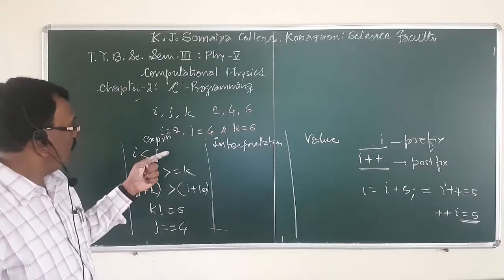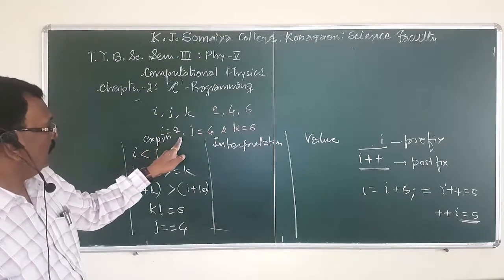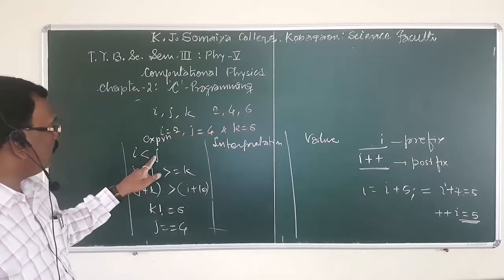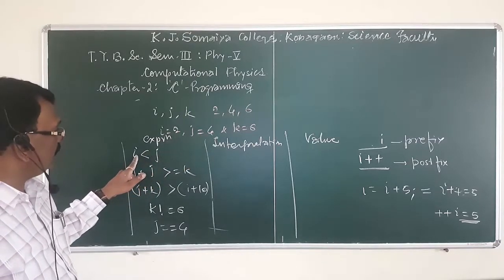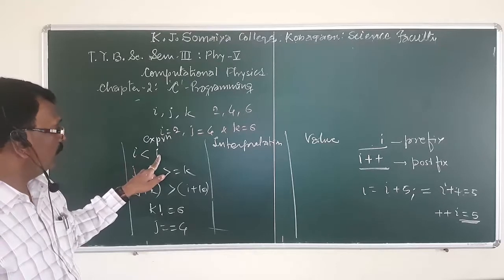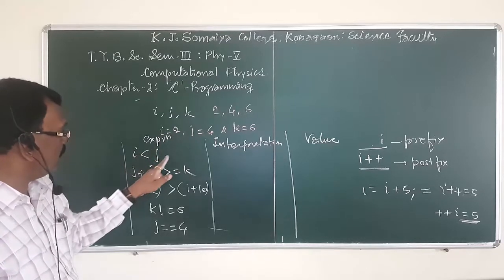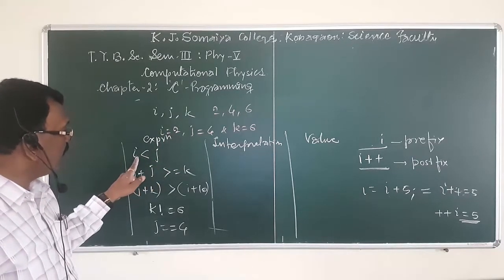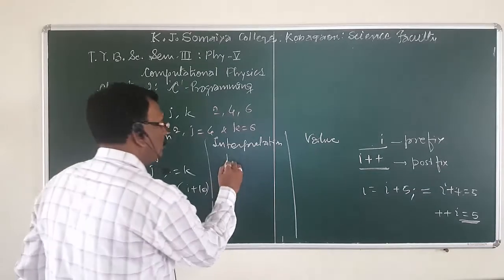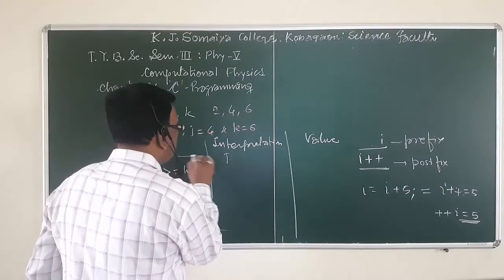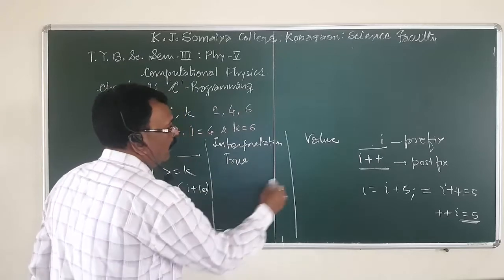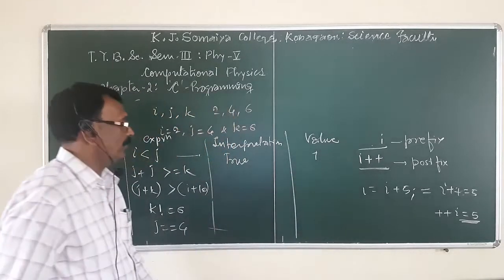See here, what is the value of i? 2. And what is the value of j? 4. Is 2 less than 4? The value of i is 2 and the value of j is 4. Is 2 less than 4? Yes, true. The interpretation gives true. Then we assign 1.